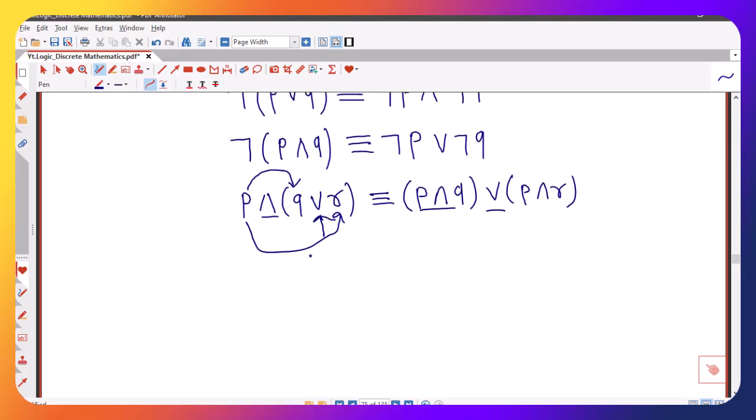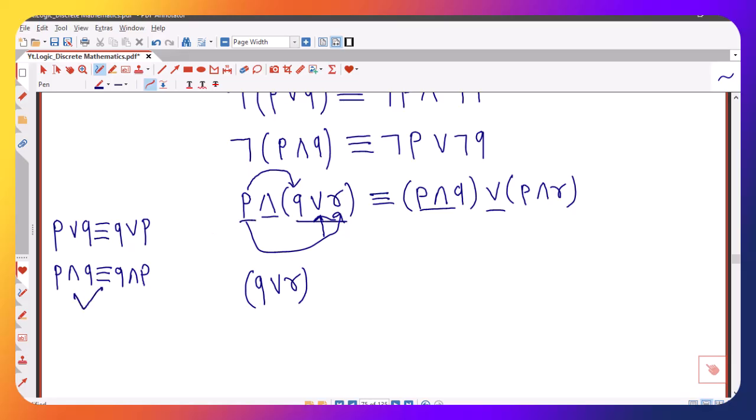And we are familiar with commutative law also, that P or Q is equivalent to Q or P. Similarly, P and Q is equivalent to Q and P. So using commutative laws we can rewrite this distributive law in this way also.